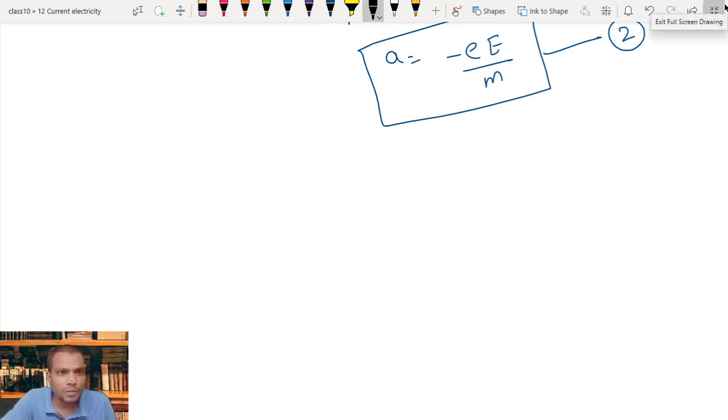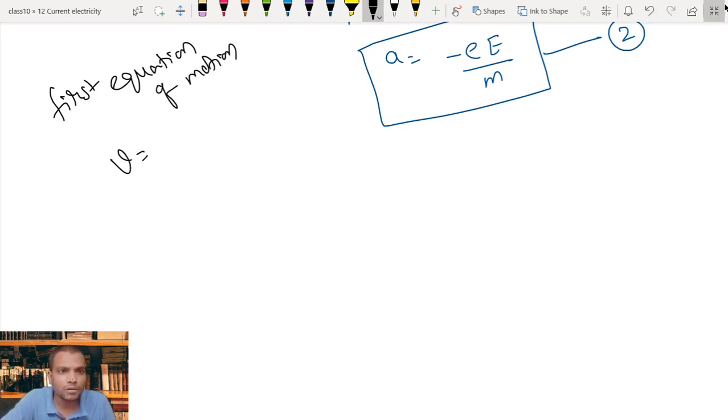If you remember the first equation of motion, V equals U plus aT. If you take initial velocity equal to 0, a is the acceleration, T is the time, and V becomes our final velocity.